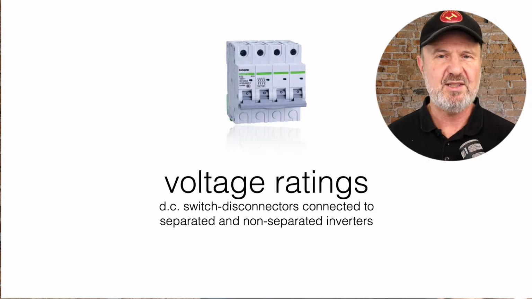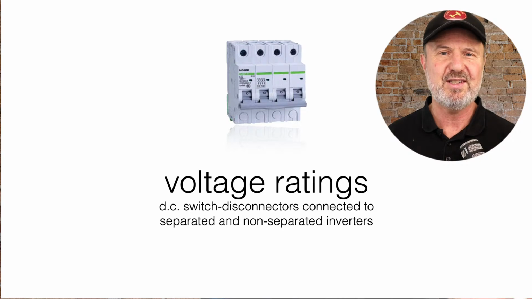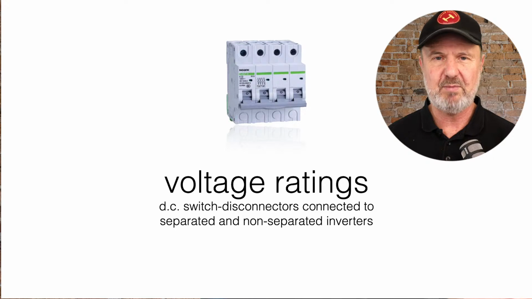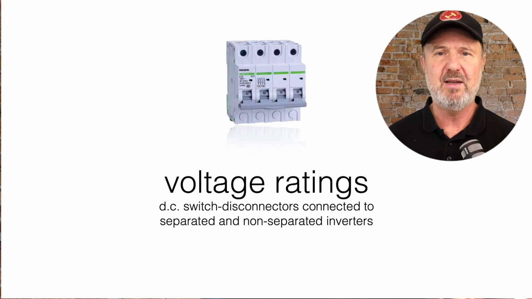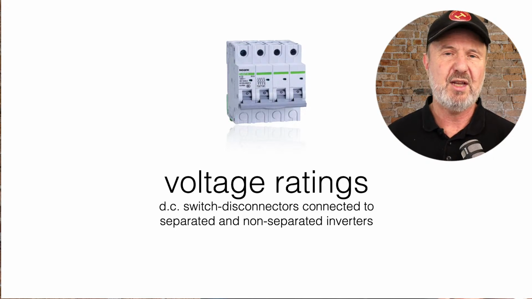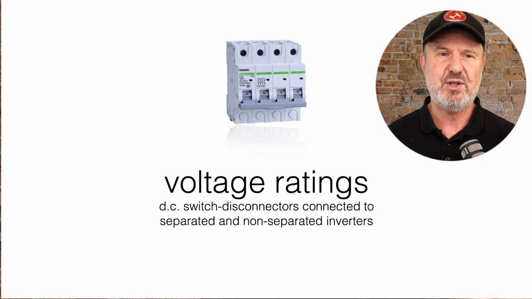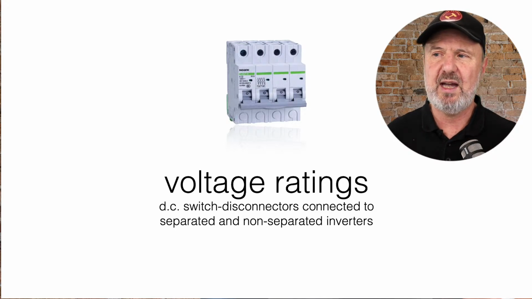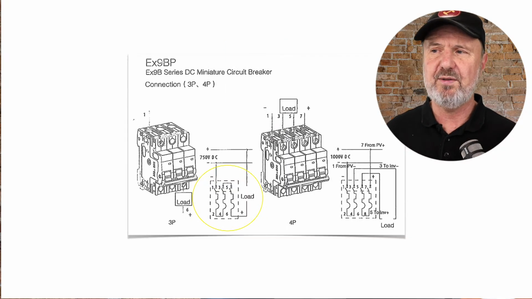But with a DC array, you actually construct the voltage by putting panels together in series. So there isn't a standard voltage. Small systems might be hundreds of volts, and large systems might be way up, close to 1,000 volts or more. And therefore, the switchgear needs to be suitably rated. But it's not that simple either, because it depends on the topology of the inverter.